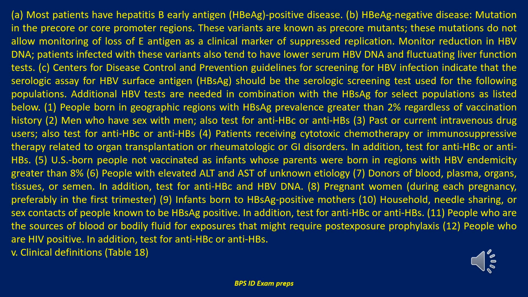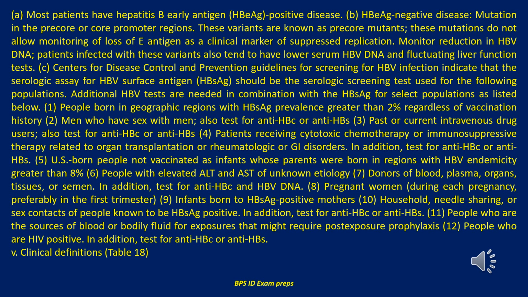6. People with elevated ALT and AST of unknown etiology. 7. Donors of blood, plasma, organs, tissues, or semen. In addition, test for anti-HBc and HBV DNA. 8. Pregnant women, during each pregnancy, preferably in the first trimester. 9. Infants born to HBsAg-positive mothers. 10.